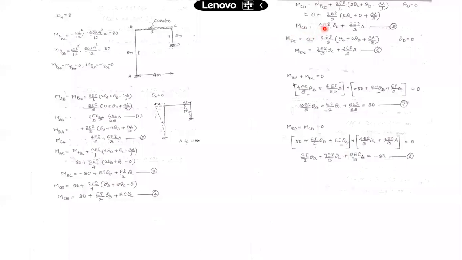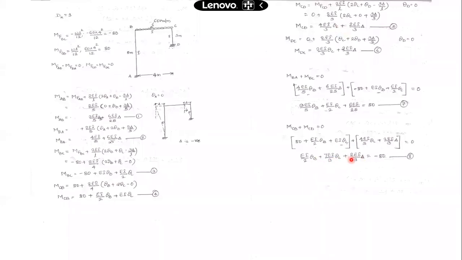What I have? 4 EI by 3 theta C, okay, plus 2 EI by 3 delta. So that has been taken here. On simplifying, this condition of equilibrium will give us one more equation, equation number 8, which is in terms of theta B, theta C, and delta.